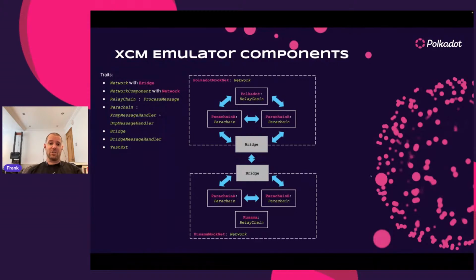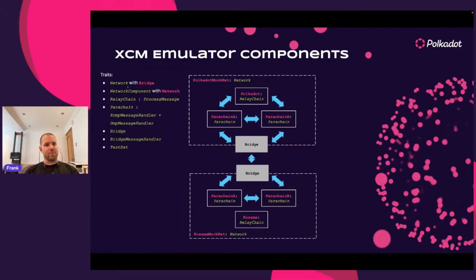Then, specific again to the XCM emulator, there's a nice addition of various different traits, which are used by the macros to pull all the different component parts together. The main reason I'm calling them out is because they give a nice way to understand what's going on. Looking at each trait definition, you can see how the different items plug together, and they essentially inspired this diagram.